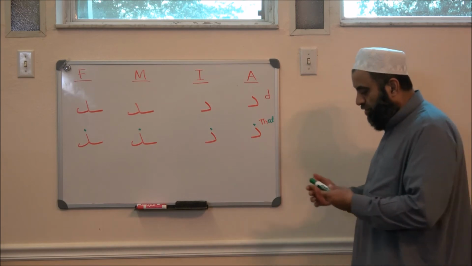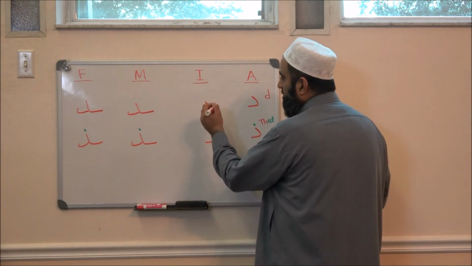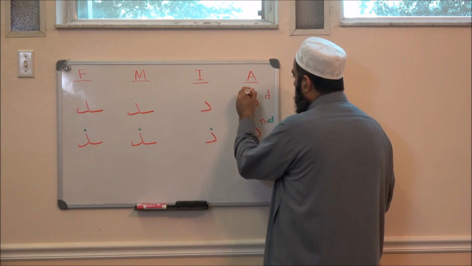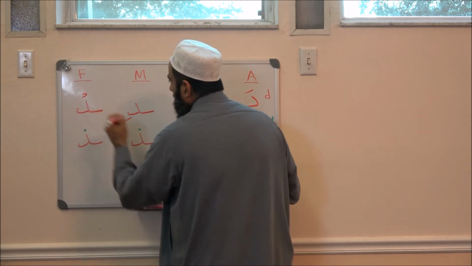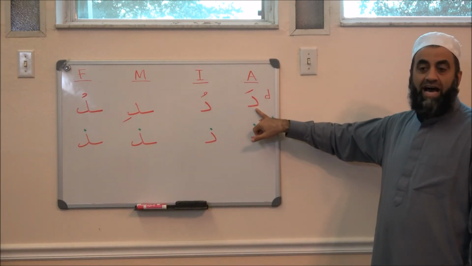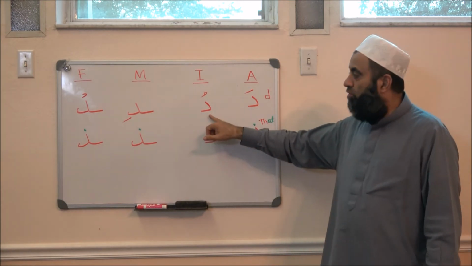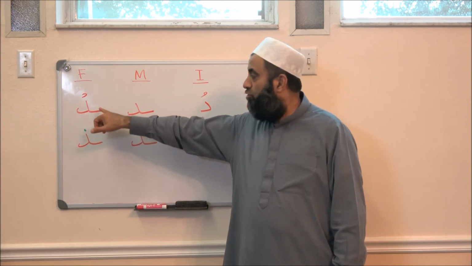Let's illustrate with short vowels. For example, this would be da, du, di, id, d. This is sukun.